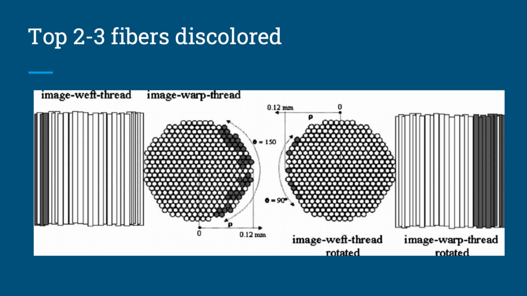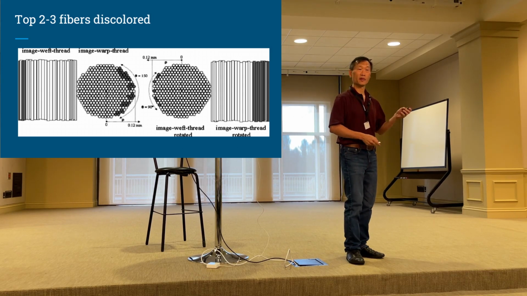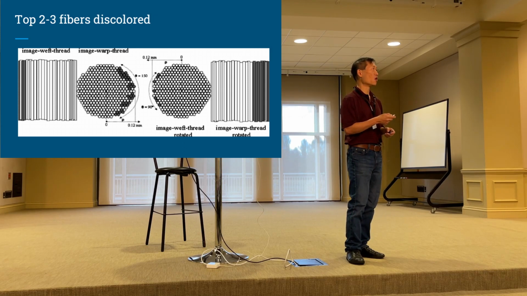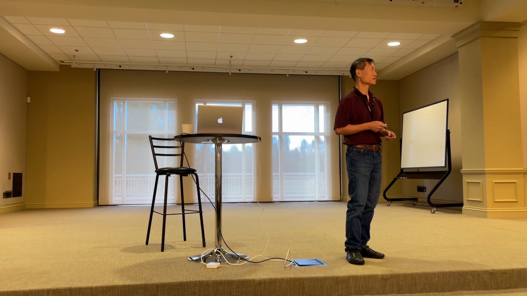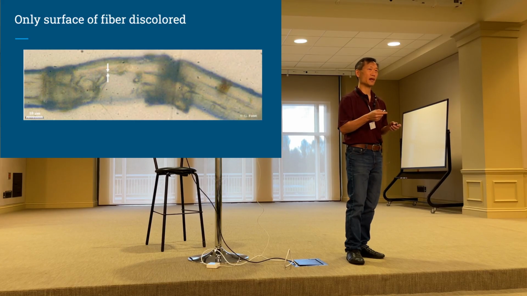So here we see the warp yarn, a warp yarn, and then the weft yarn, and only the top 1, 2, 3 fibers of a 200 fiber yarn has been discolored. It's not all of the fibers inside of a yarn that has been discolored. And only the surface of a fiber is discolored. So on the inside of a fiber, it is not colored.